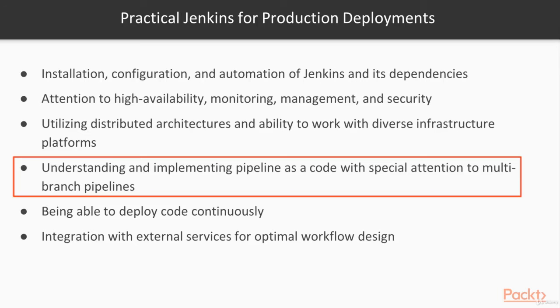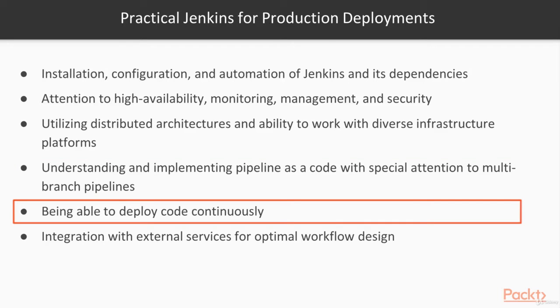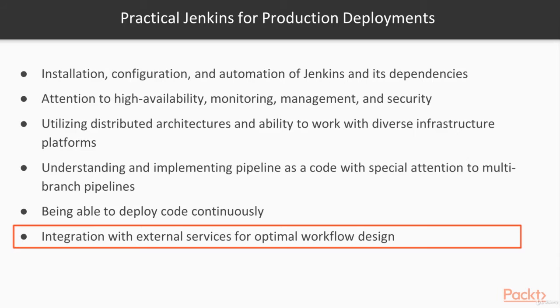The Jenkins Pipeline as Code feature takes this to a completely new level with support for multi-branch pipelines. Once the code is ready, being able to deploy it continuously to target systems is absolutely necessary. Although Jenkins is able to handle most of the functions, the key to implementing a truly dynamic development workflow is by integrating Jenkins with external services for various tasks. In this course, we will learn and implement all of the points mentioned here.